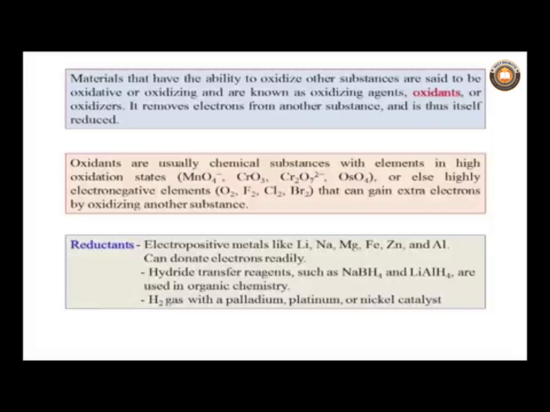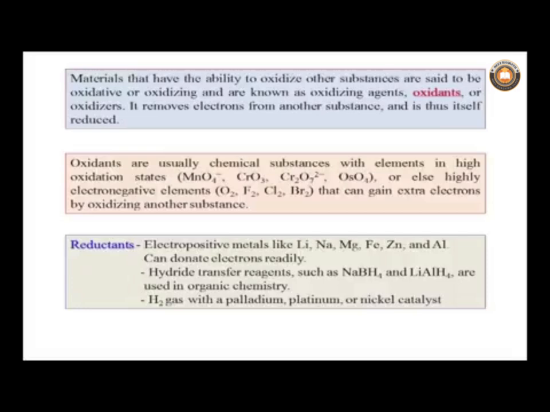Reductants are very easy to see from the periodic table on the left hand side, or the left hand lower side, where we have the electropositive metals like lithium, sodium, magnesium, iron, zinc and aluminum, which can donate electrons easily.